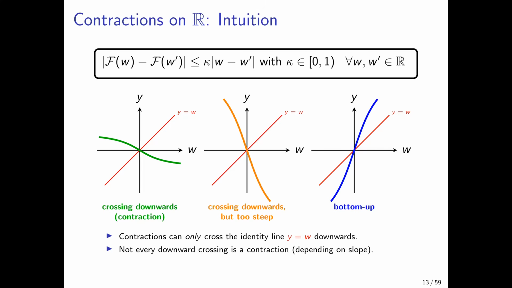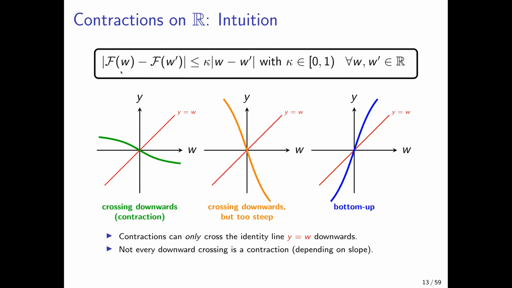The reason behind this is that this contraction property has to do with the slope, also with the derivative, if it's differentiable, of the function. One way to see it is if you look at this inequality, you can divide this by this absolute value of W minus W prime.